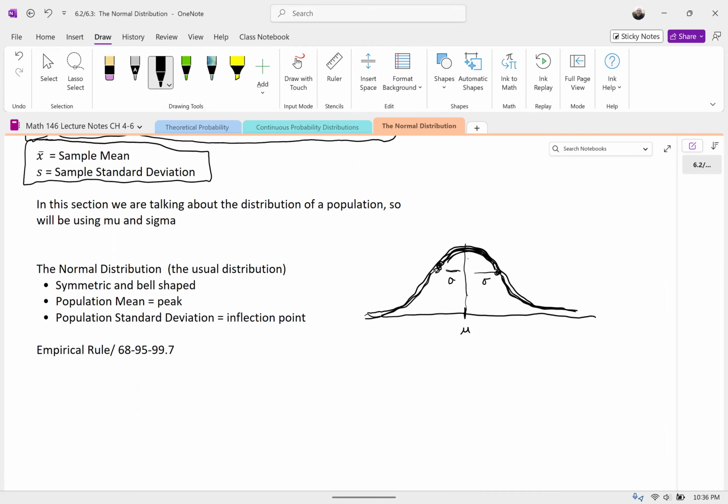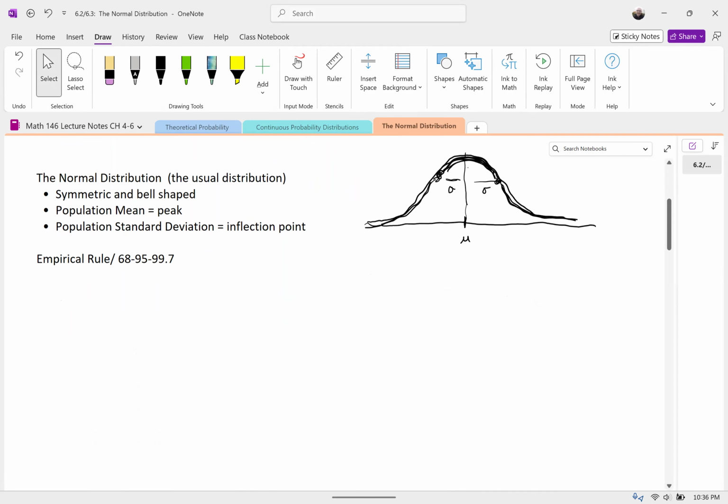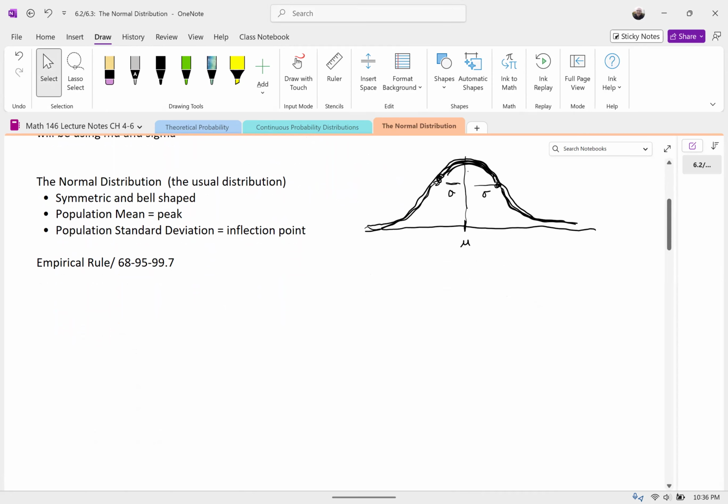It turns out that for these normal distributions, we have a handful of percentages that are associated with them. If you go one standard deviation on either side of the mean, you capture 68% of the data, 68% of the values, whatever it is that you're looking at.